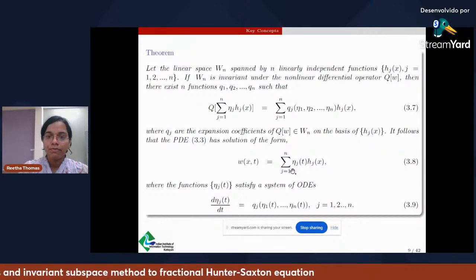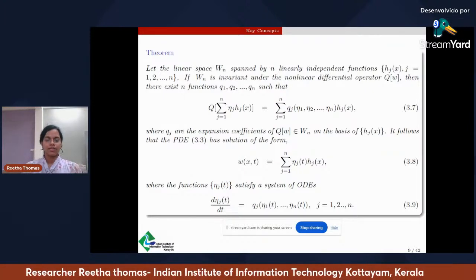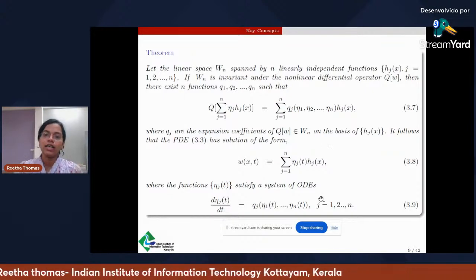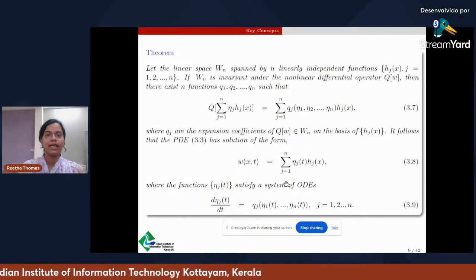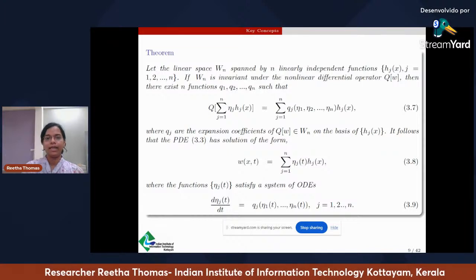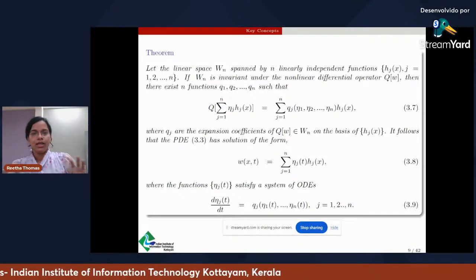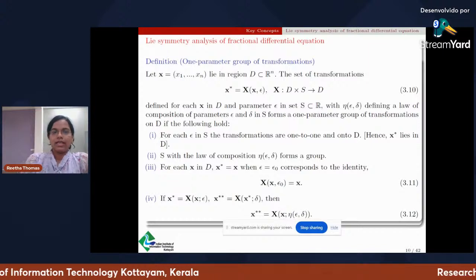And if we can find this eta j, then we can easily obtain the exact solution of the PDE. And eta j can be obtained by substituting this W into the original PDE. Eta j satisfies the system of ODEs, and we can solve this and obtain the exact solution of the PDE. This is the concept introduced by Galaktionov and Svirshchevskii.